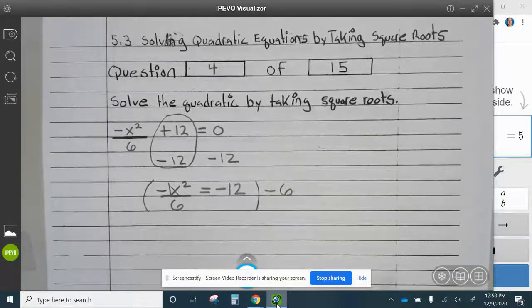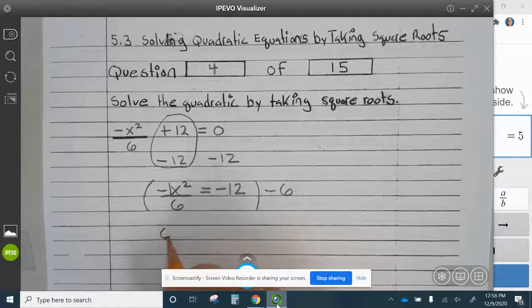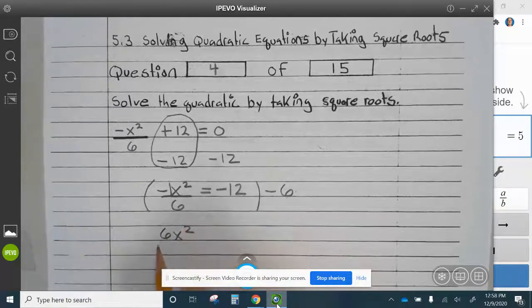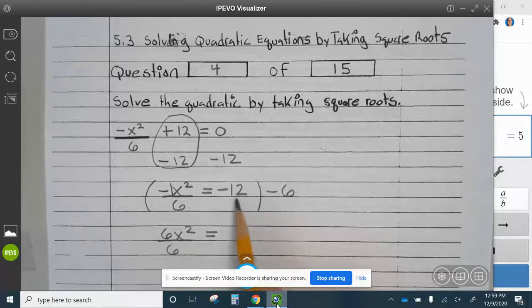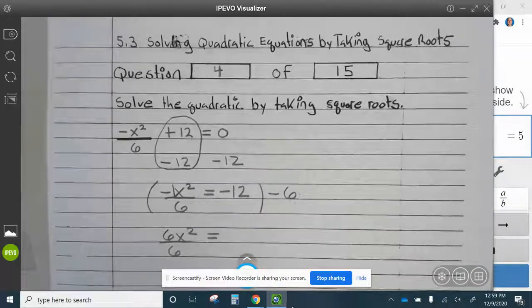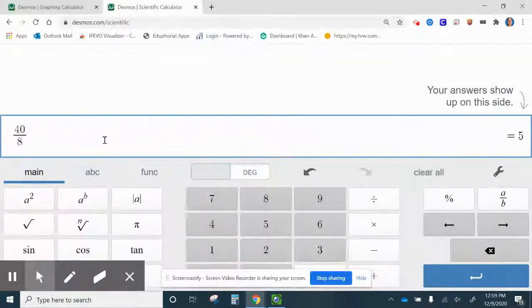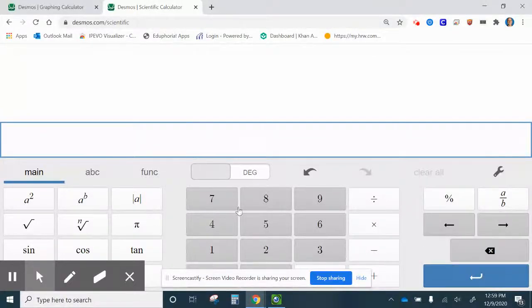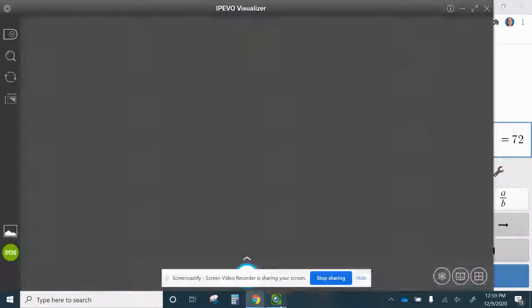I apologize for sneezing. All right. Negative 6 times negative 1 is a positive 6x squared divided by 6 equals negative 6 times negative 12. And let's just make sure I don't make a mistake when I multiply. Negative 12 times negative 6 is 72.